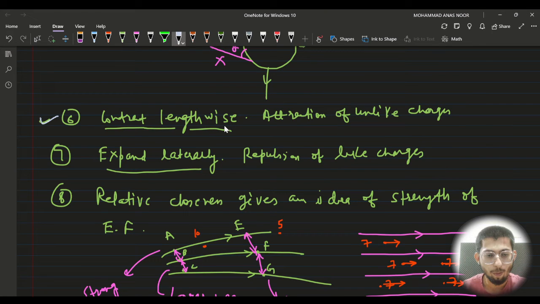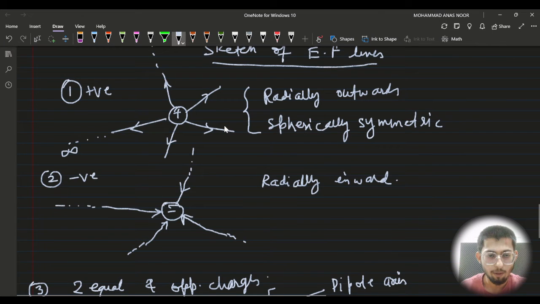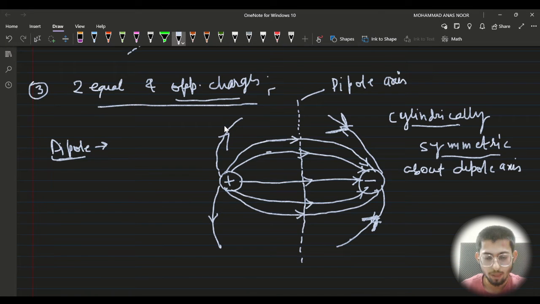Here you can see, as they are going close to the charge they are close together, and when they are not close at this point they are far apart, isn't it? So that's why I said the electric field lines contract lengthwise. As we move along the length they start to come close to each other.